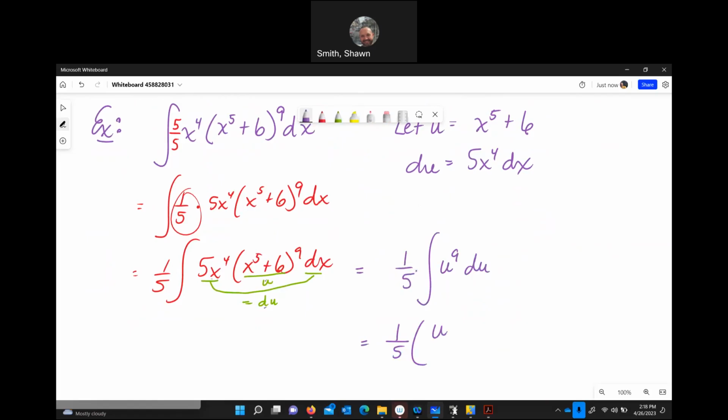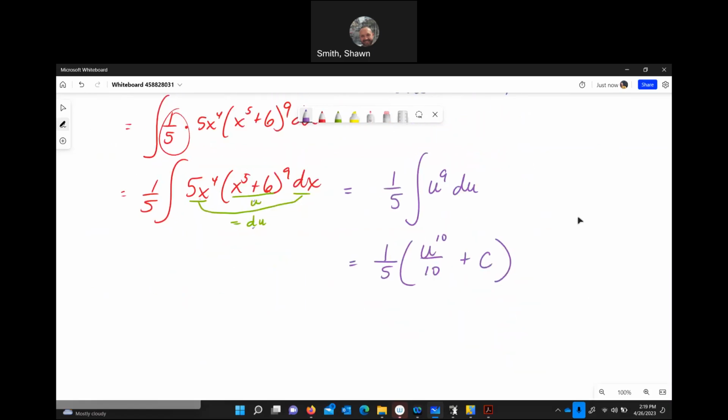The antiderivative of u to the 9th is u to the 10th over 10, plus some constant c, right? If I distribute the 1/5 across, this is u to the 10th over 50.